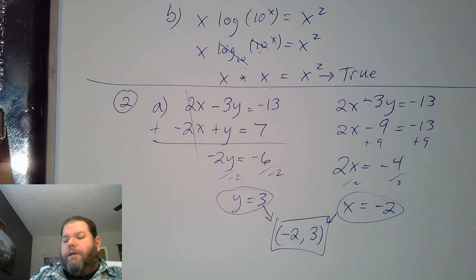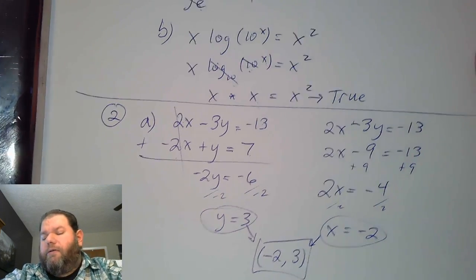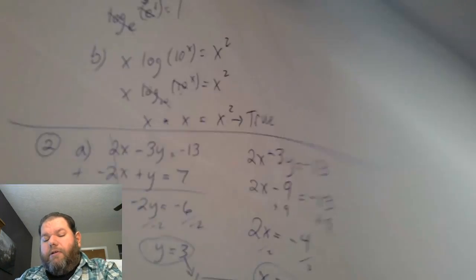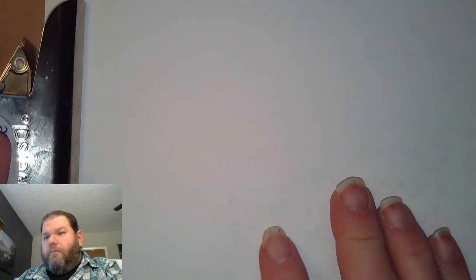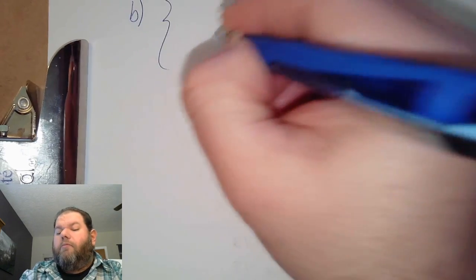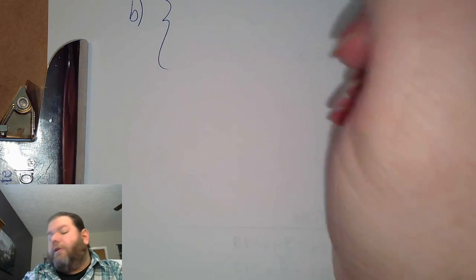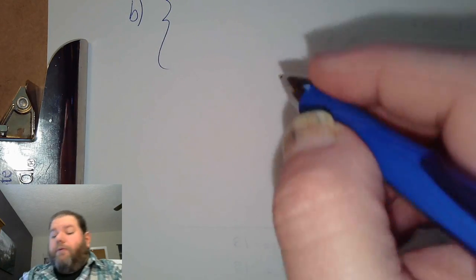Let's go ahead and do B. It looks like it might have some interesting stuff going on there. 2x plus y minus 2z equals -1.